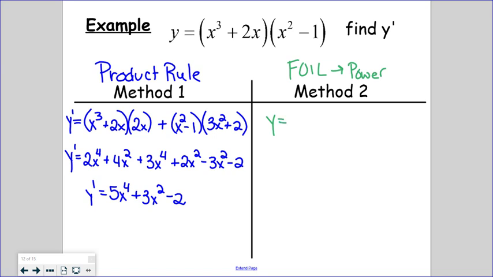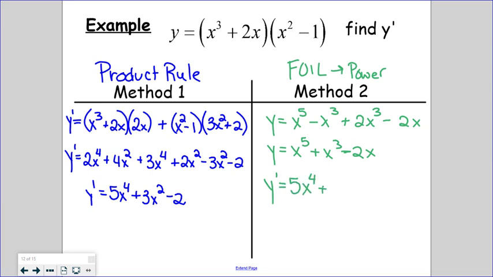So if I were to start by FOILing that, let's see, we would get an x to the fifth minus x cubed plus 2x cubed minus 2x, which is x to the fifth plus x cubed minus 2x. And then we just apply our power rule.